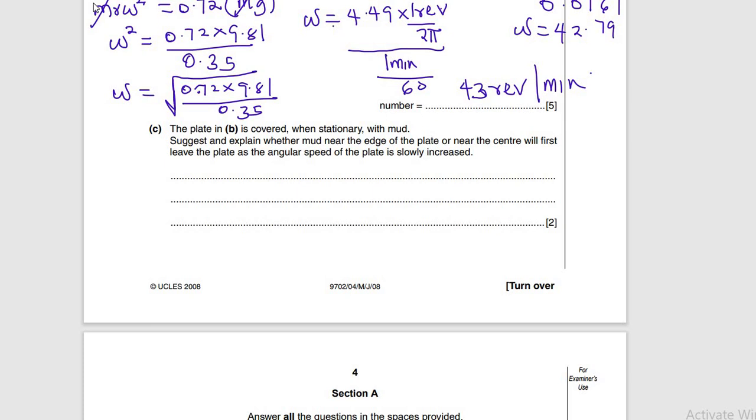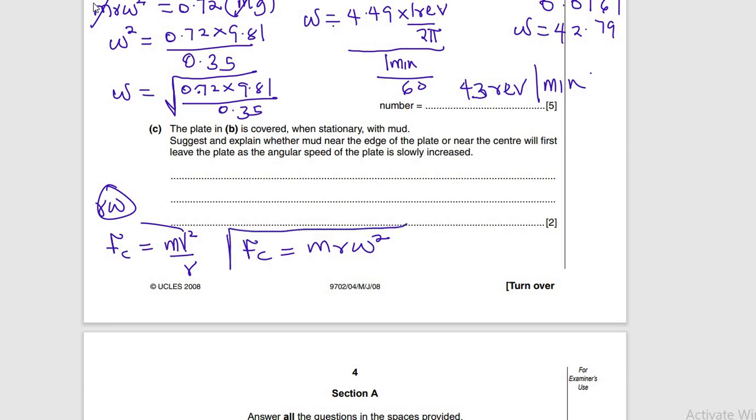You know, centripetal force can be mv² over r. Centripetal force can also be mrω². In this case, irrespective, v is still rω, so everything still boils back to this. Let's make use of this relationship.